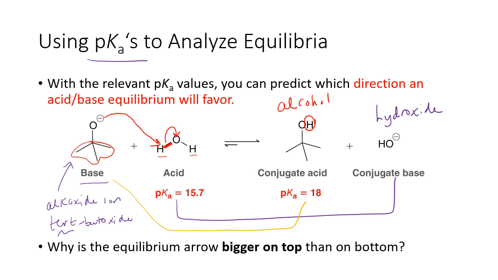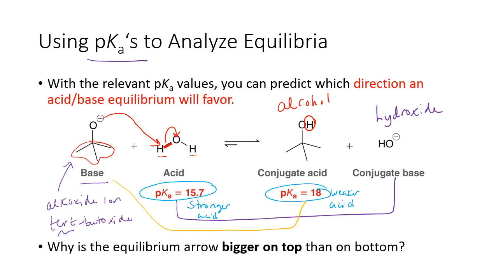So notice our acid, water, has a pKa of 15.7, and our alcohol as an acid has a pKa of 18. So since the acid for water, the pKa is lower, that means it's our stronger acid. And our conjugate acid alcohol has the higher pKa, so that means it's our weaker acid when comparing the two.